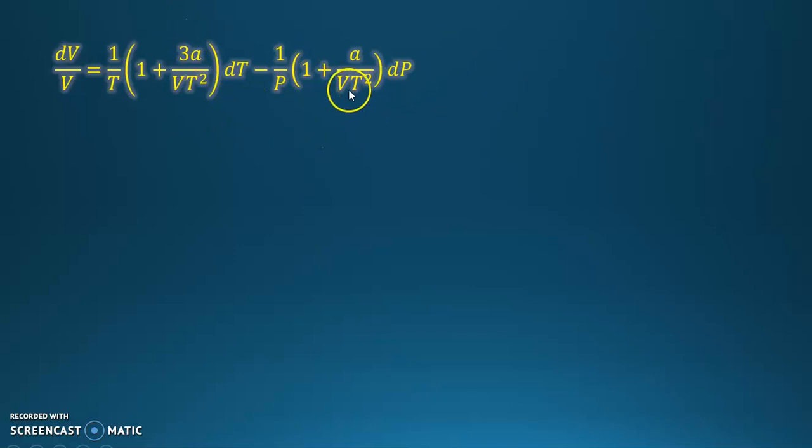Same case we have in this other expression. We don't have a term to replace the volume in here, which only depends on the pressure. Remember, V actually depends on both the temperature and the pressure.